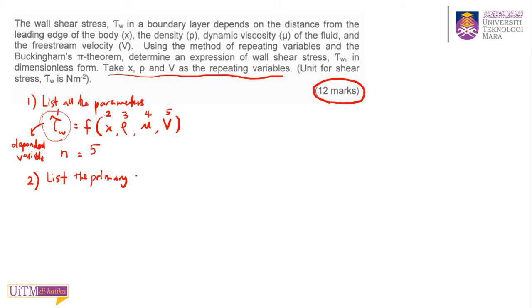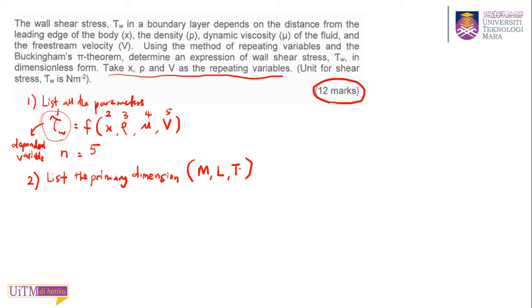You have 7 primary dimensions, but normally the commonly used ones are MLT: the mass, the length, and the time. The other 4, amount of light, amount of matter, mole, and temperature, are very rare. Normally we use this MLT.